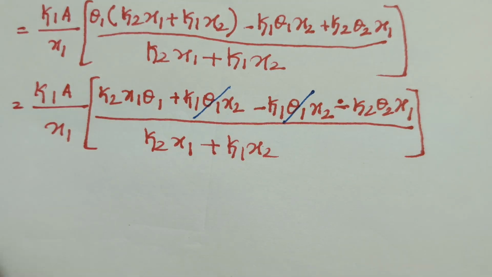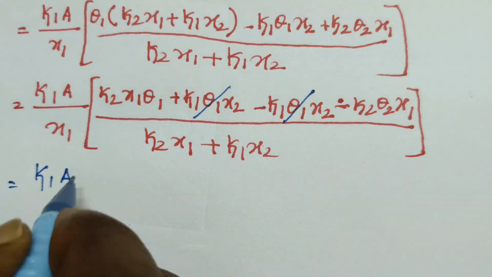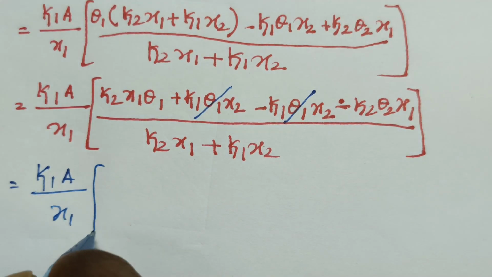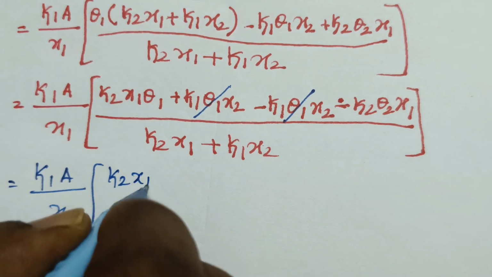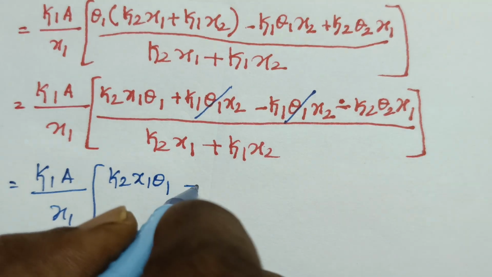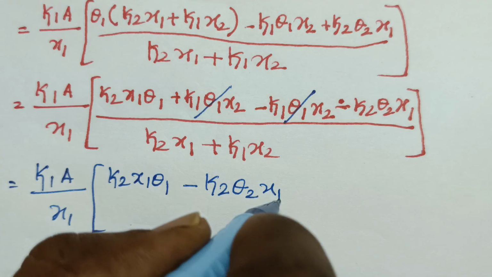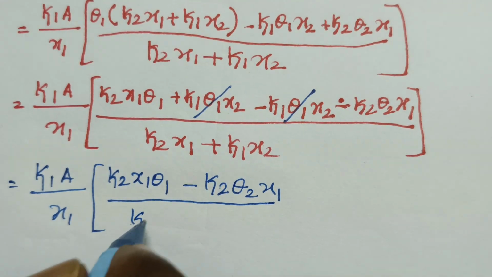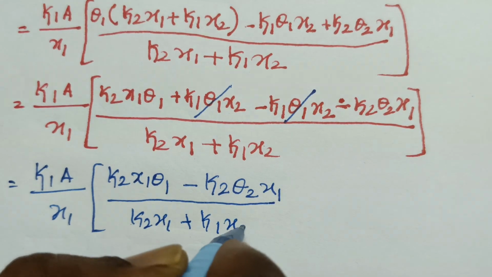Then you can write K1 A divided by x1 into K2 x1 theta 1 minus K2 theta 2 x1 divided by K2 x1 plus K1 x2.